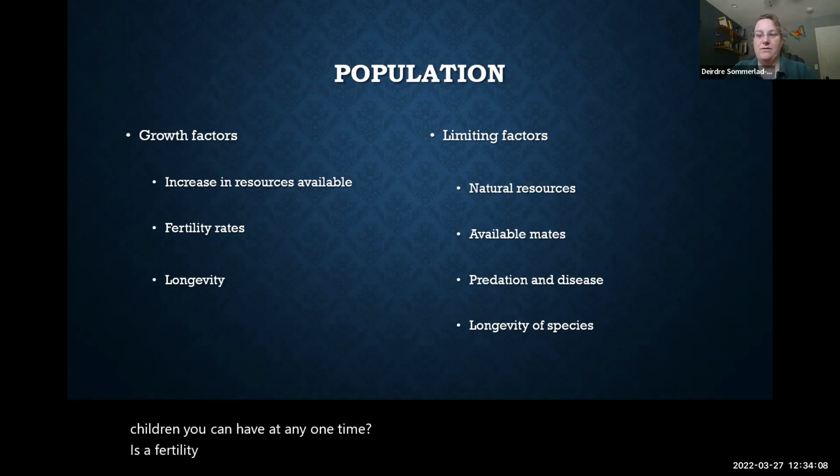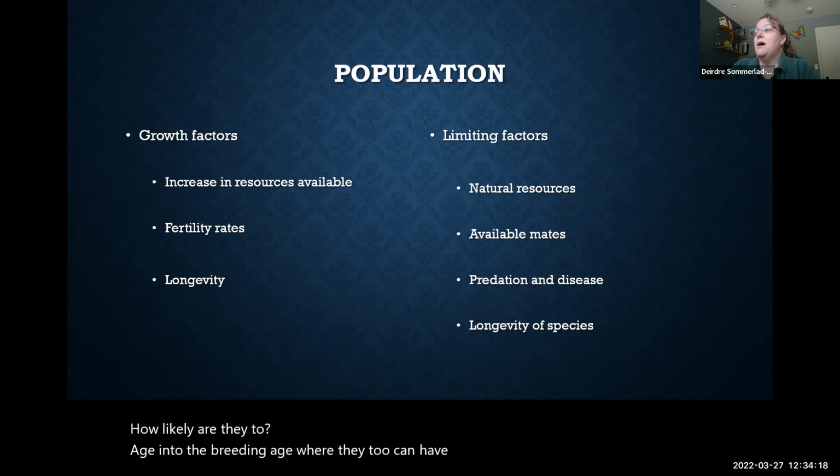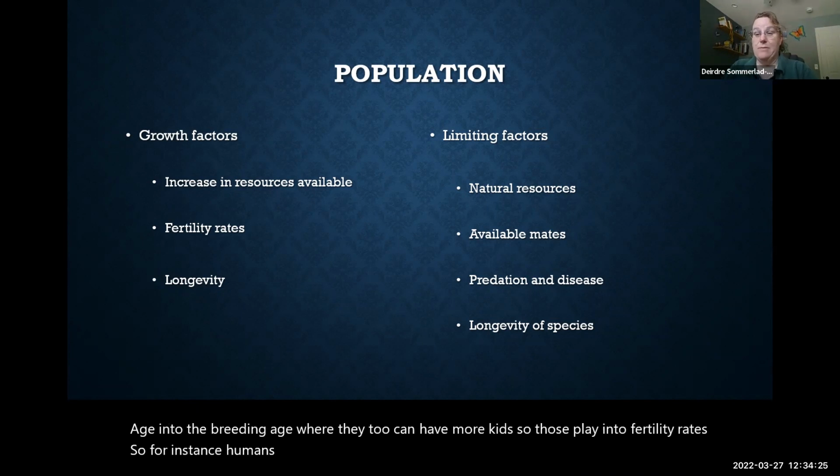And also part of it is how long those children live, and how likely they are to age into the breeding age where they too can have more kids. So those play into fertility rates. For instance, humans are pregnant for 9 months.